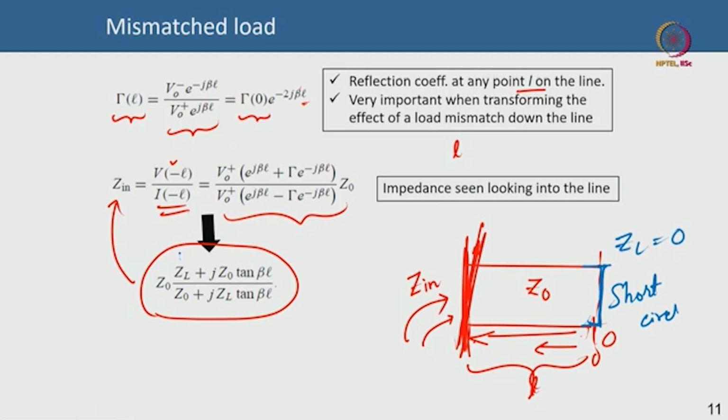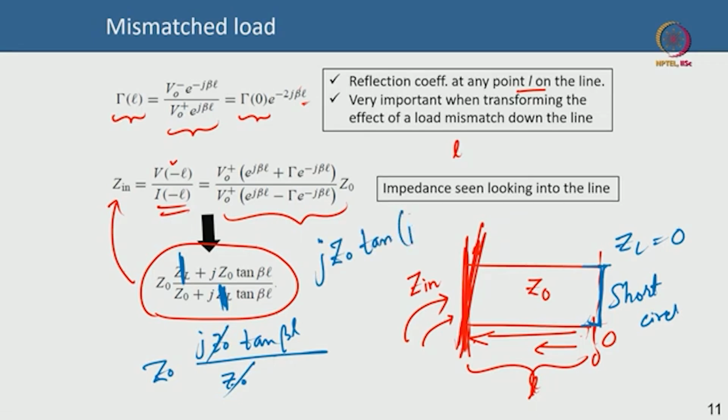If ZL is 0, then this quantity is gone, this quantity is also gone. What I have is jZ0 tan(βL) divided by Z0, and there is a Z0 here. Z0 goes. So I have j times Z0 times tan(βL). This is the input impedance of a transmission line which is ending at a short circuit.